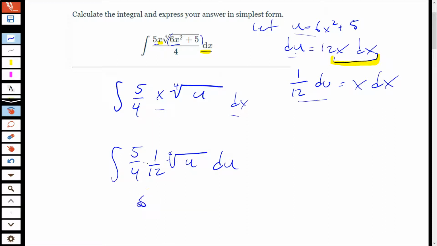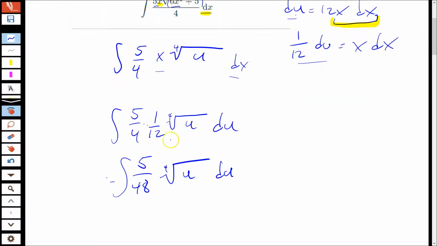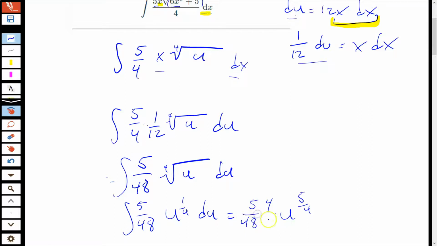Now, we'll just do the work here. 5/48, right? So I multiply my fractions together. So I'm just simplifying, and I can rewrite this as a root to the 1/4. And then I integrate, so I add 1 to my power, and then multiply times its reciprocal, right? So 5/48 times 4/5.